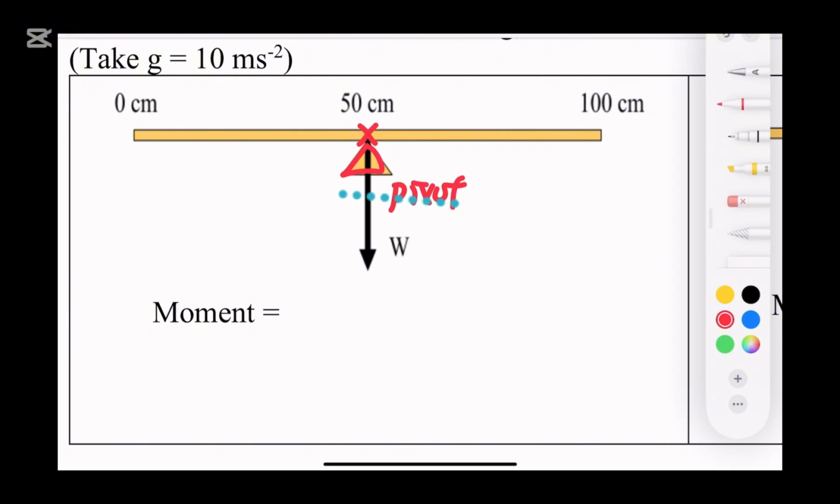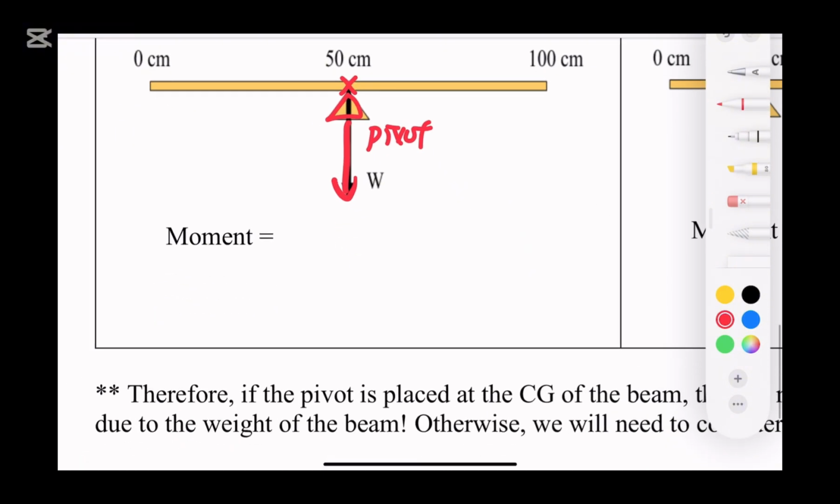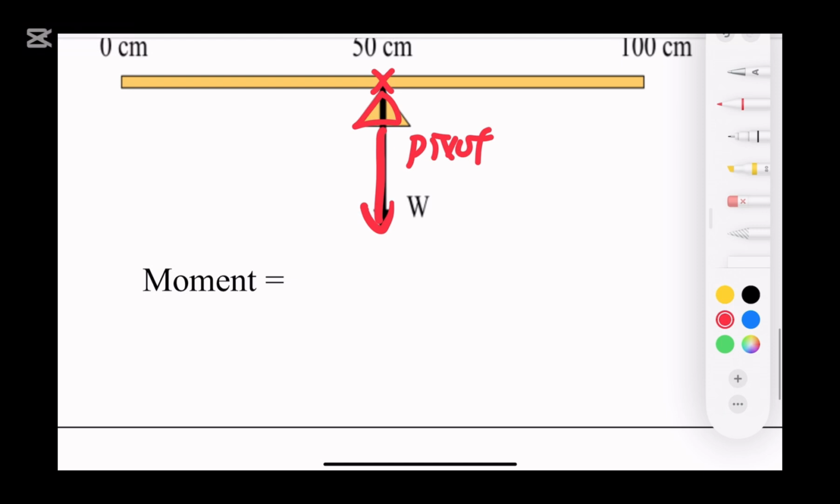Now the next question is, since I'm now considering an additional force, which is the weight of the plank itself, what is the moment generated by this weight? In this case, if the pivot is directly below the CG itself, then common sense would tell you that there's no moment generated, because the overall result is that the plank is not rotating, so there's no net moment.